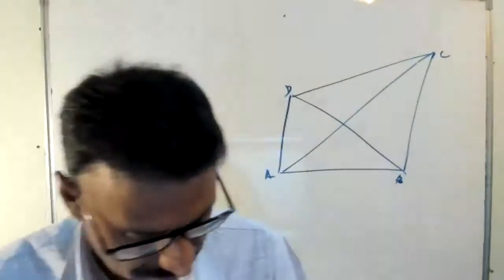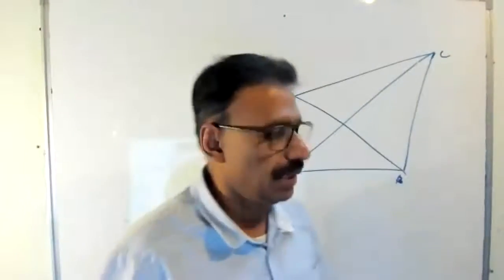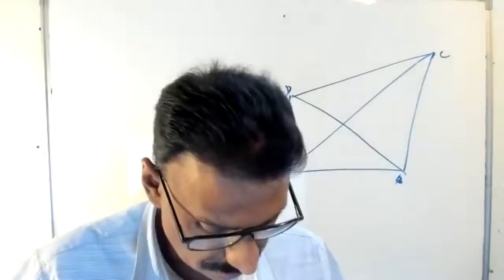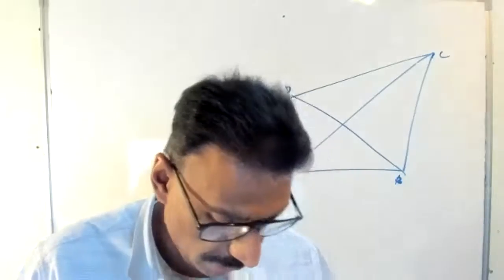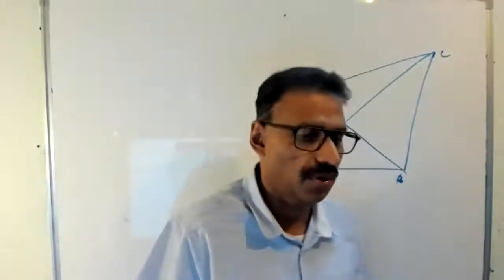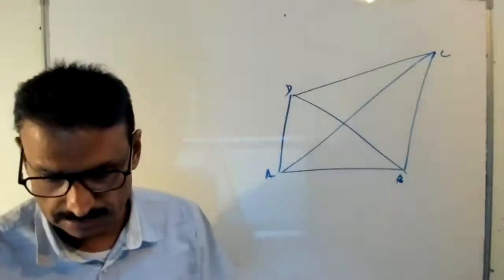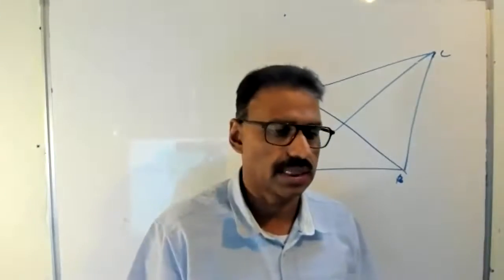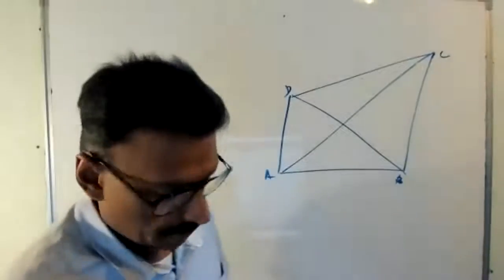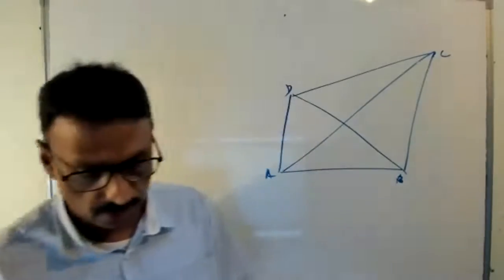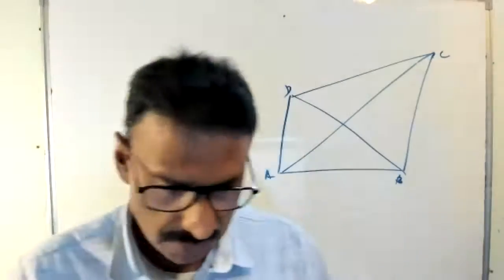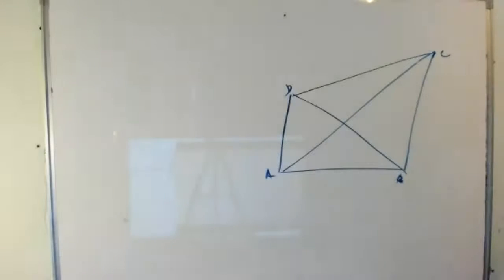The points A, B, C, D are called its vertices. That means a quadrilateral has four sides and four angles. Then the two line segments AC and BD are called diagonals.